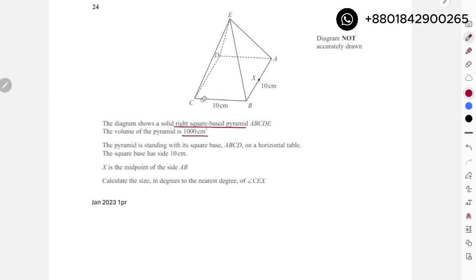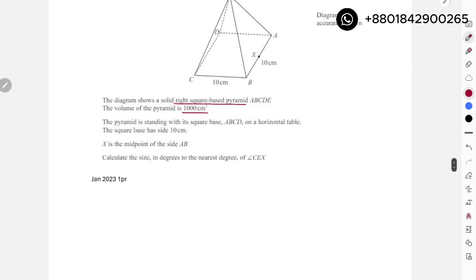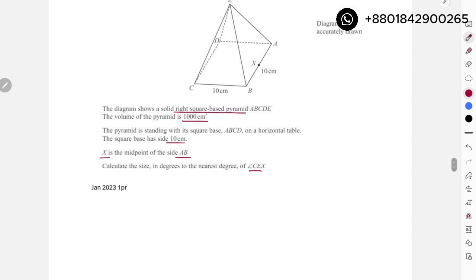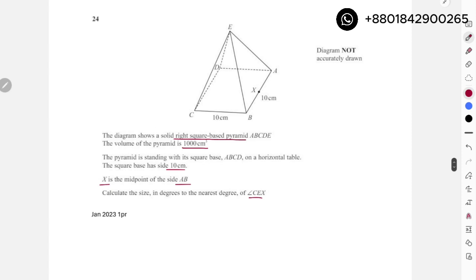As it's a square in the base, obviously the dimensions are the same. AB, BC, AD, CD, they're all 10 centimeters. And the pyramid is standing with its square base ABCD on a horizontal table. The midpoint of the side AB is X, and we need to calculate the size, in degrees to the nearest degree, of CEX. Okay, CEX.